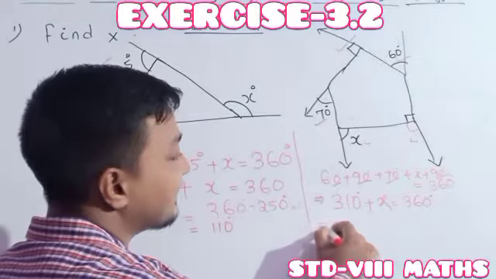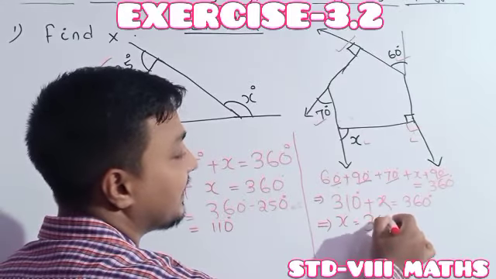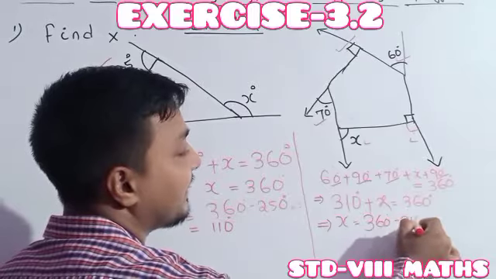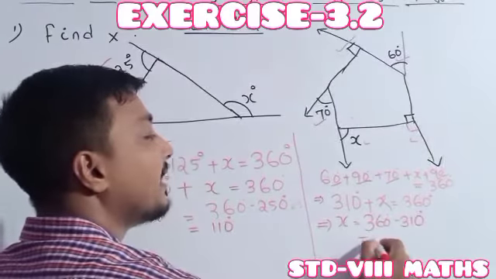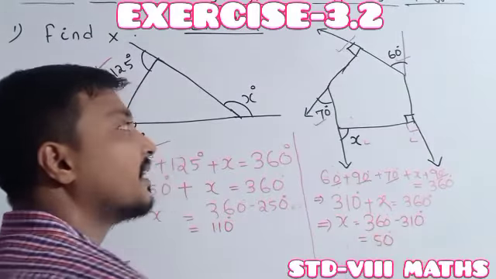To find x, x equals 360 minus 310, which becomes 50 degrees. Tell me, is this easy or difficult?